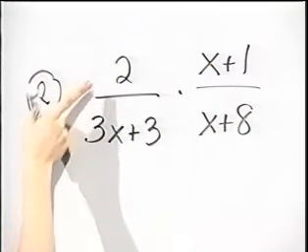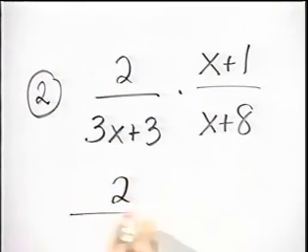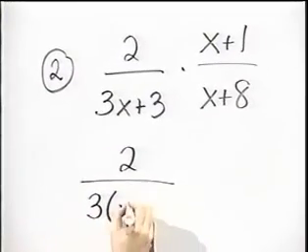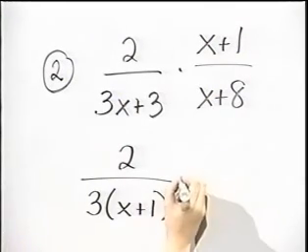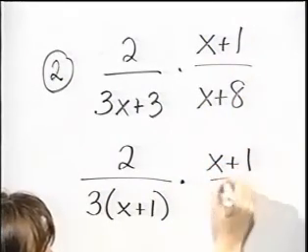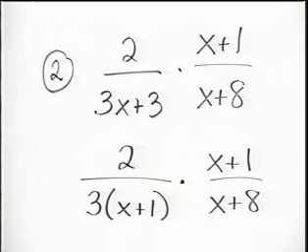You can't factor here, but you can factor here, so let's factor that. 3x plus 3 can be factored as 3 times the quantity x plus 1. Over here, neither of those two polynomials can be factored, so we'll still have x plus 1 over x plus 8.